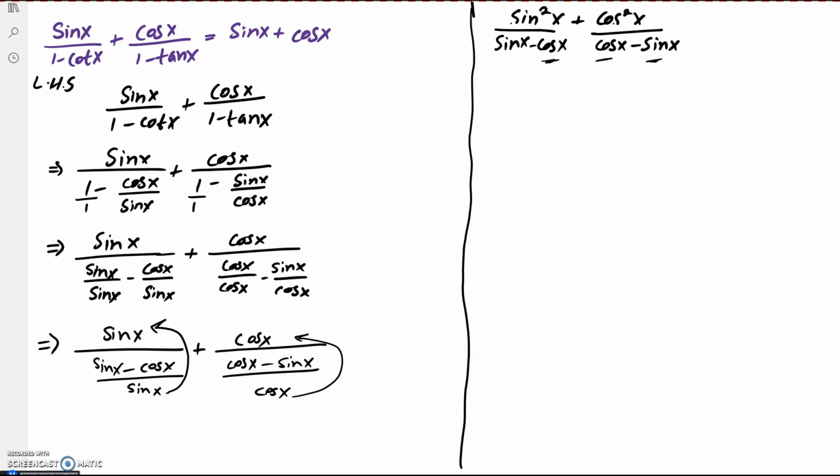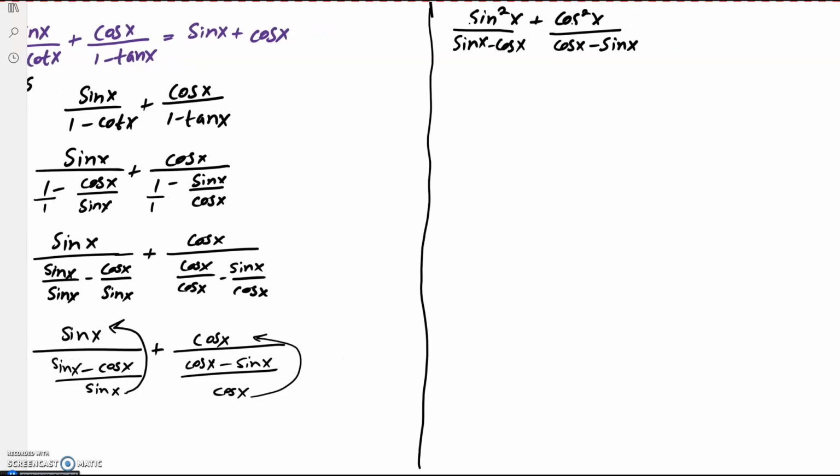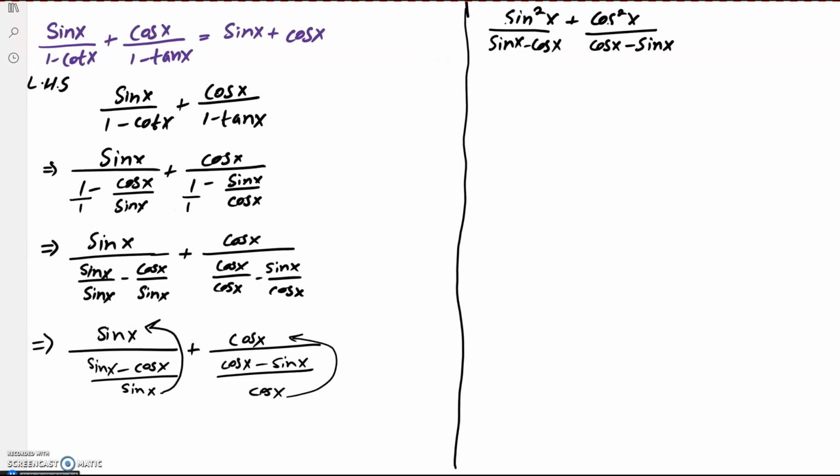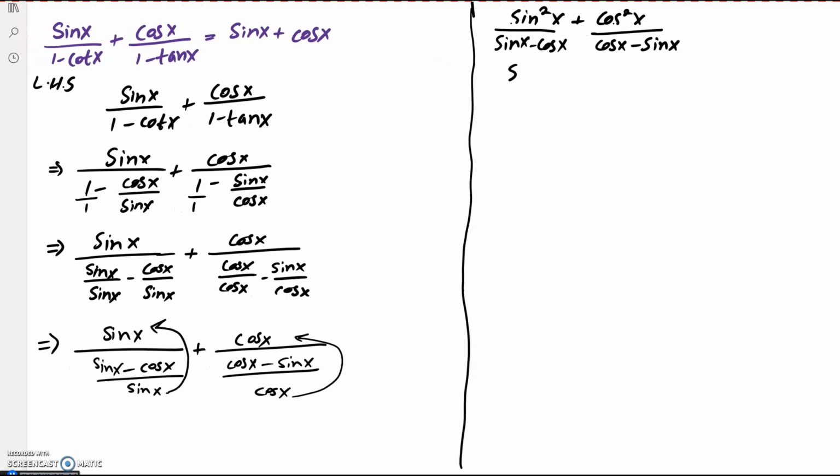So I will multiply the second term with the negative sign, and it will switch the signs, so it will become sine squared x over sine x minus cos x. This stays as it is, and this term will become minus, because we are switching the signs: sine x minus cos x.